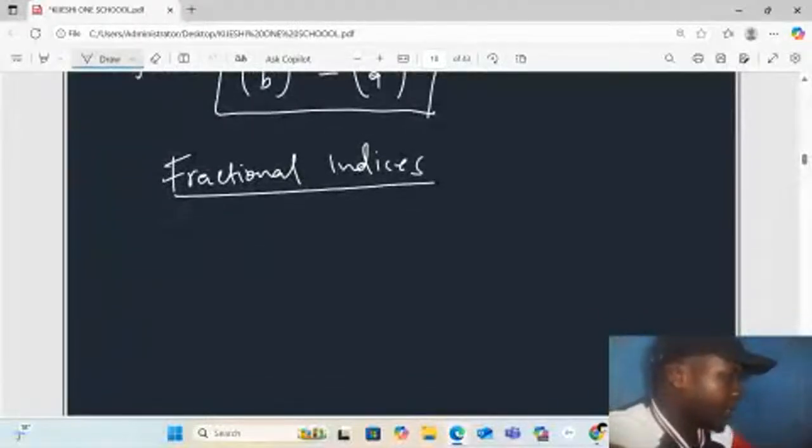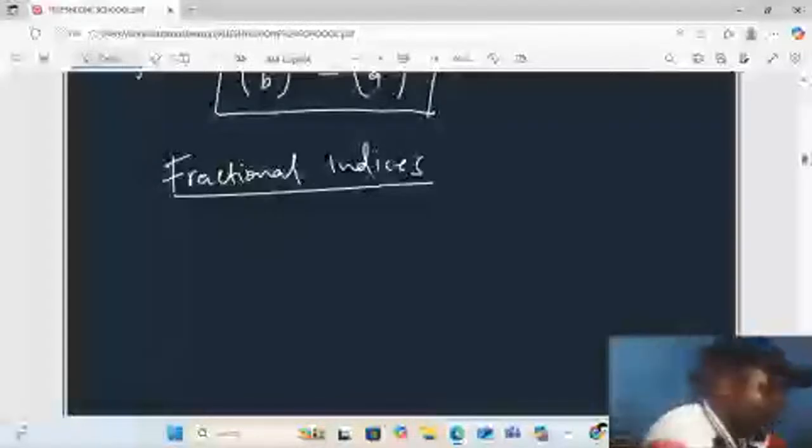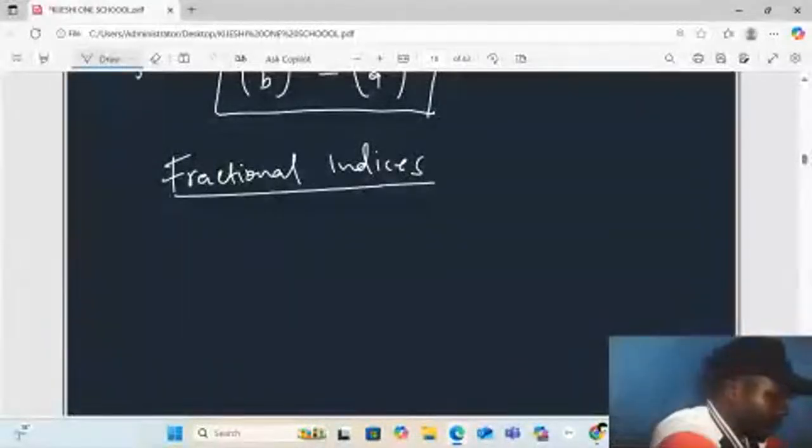Fractional indices. So let's have these examples.